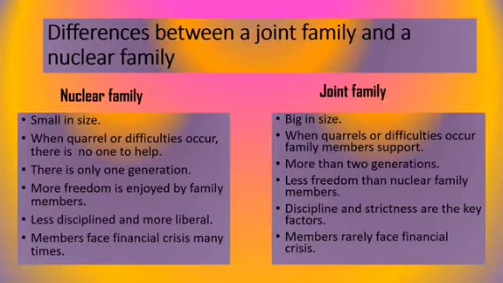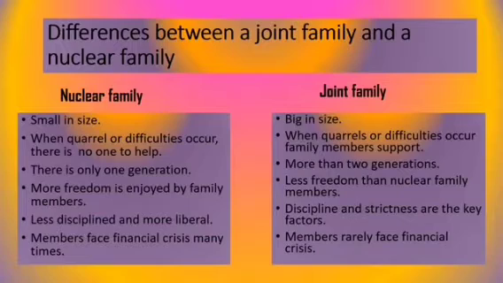But what is the difference? In a joint family, it's a large family. The first difference is the size. Nuclear family is small while the joint family is a large family. That means the members in the nuclear family are very less and the members in the joint family are lots.